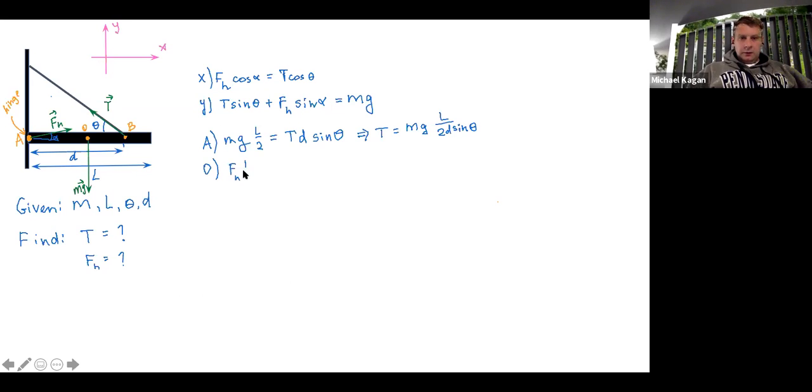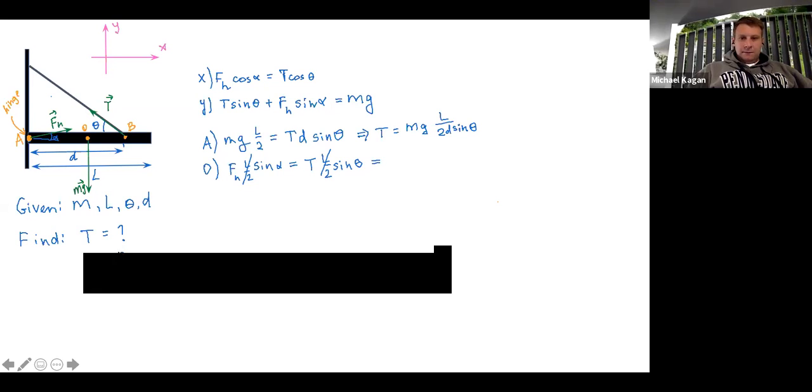F_H L over 2 sine alpha, and that equals the counterclockwise torque of tension. That is T L over 2 sine theta. Okay. You can cancel the L over 2 part. And from here, well, that's not enough yet, right?